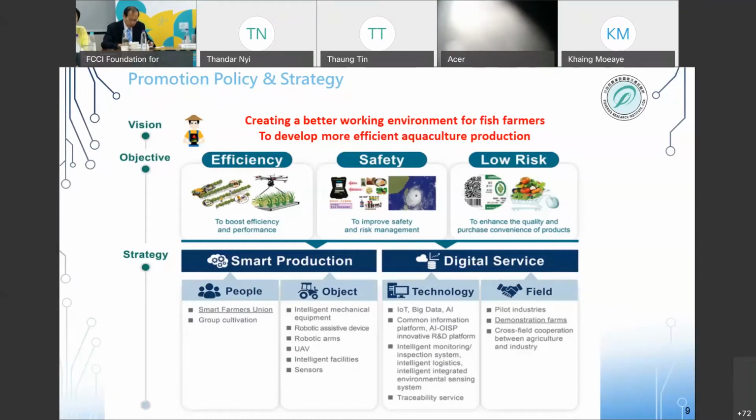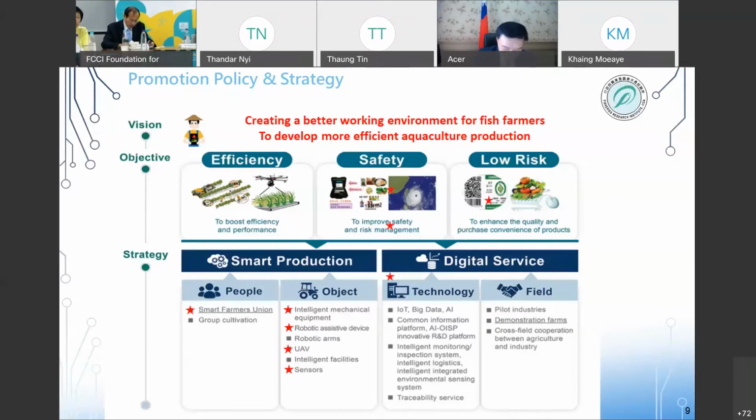And there are two promotion strategies. One is smart production, and the other is digital service. The actions of smart production can include the smart farmer unit, the intelligent equipment, the UAV, the sensors, and the robotic assistant device.